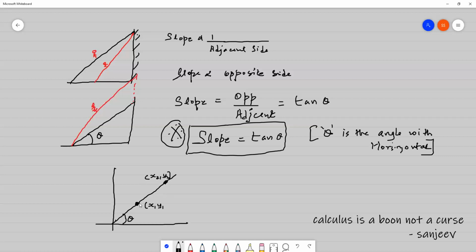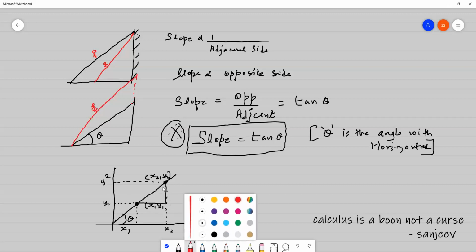This is x1 and this is y1, and this whole length is x2 and this is y2. Now if I draw a line here, you can see I get a right angle triangle. Maybe I will shade this right angle triangle.